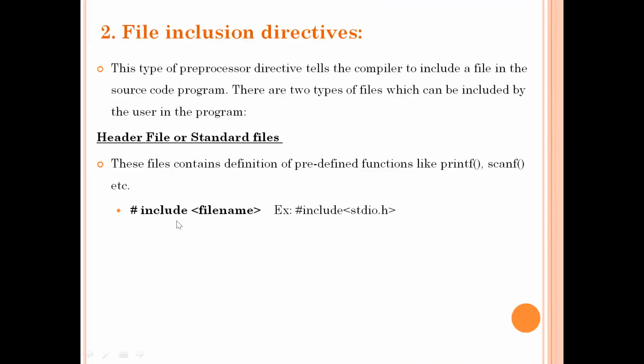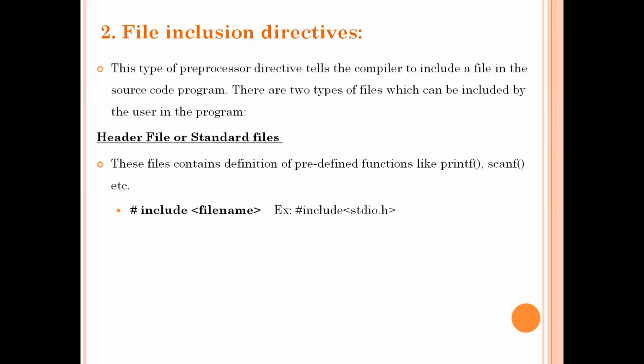Now suppose you want to include header files or standard library files. Why do we need to include standard library files? Generally in our programs, we use printf and scanf functions directly, without writing any definitions. The definitions of printf and scanf are available in the stdio.h library file.